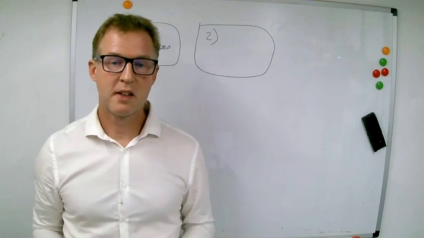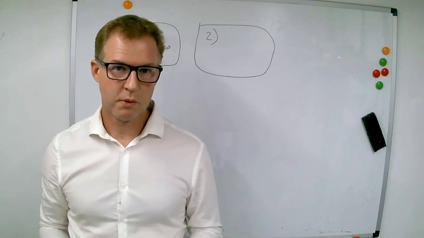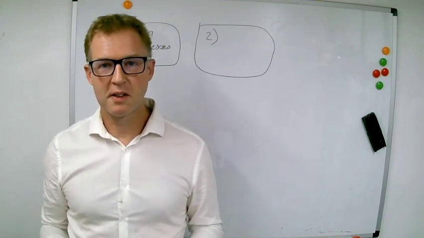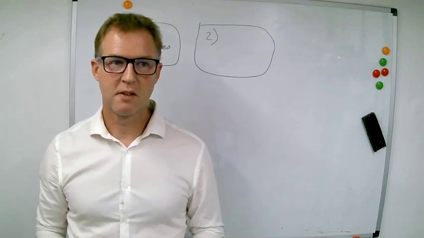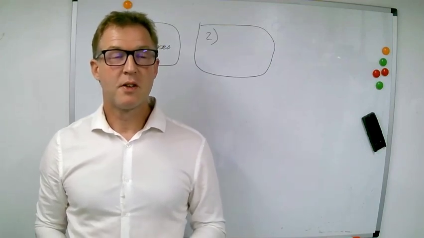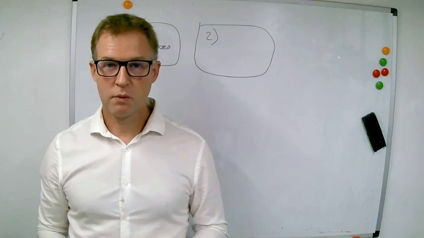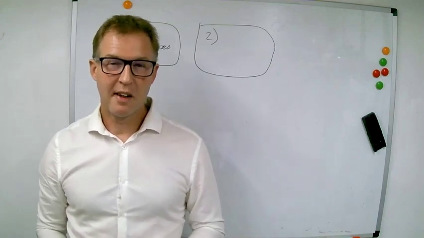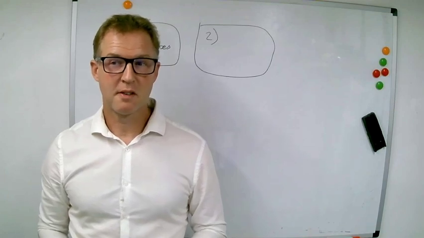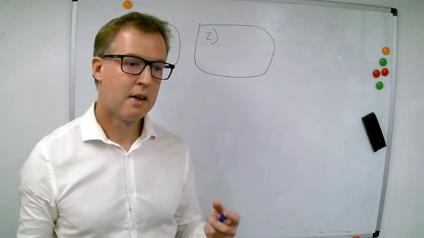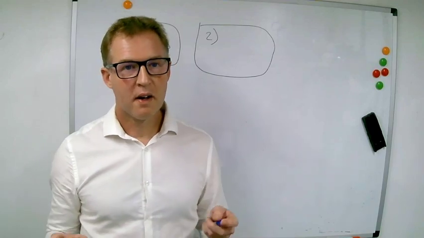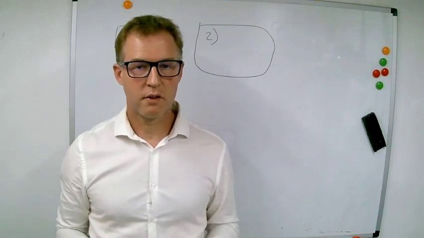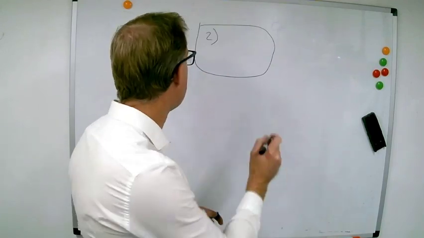Then prioritize which critical processes you want to focus on, because if you go through every single one of your organization's critical processes, it's probably going to be a very, very big task. So second step is reconfirm stakeholders and prioritize which are the critical processes for the business.